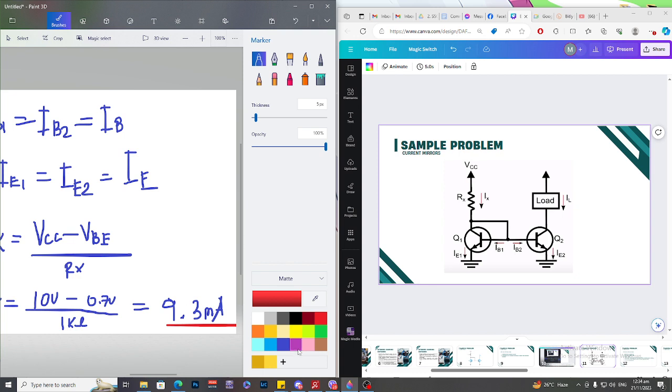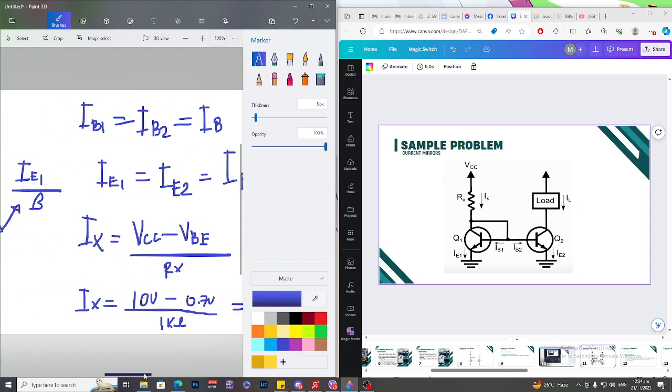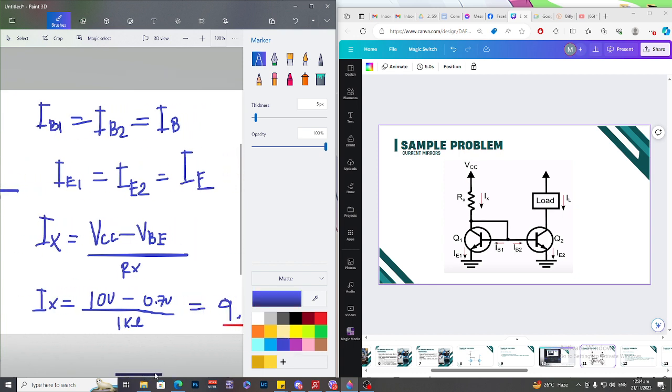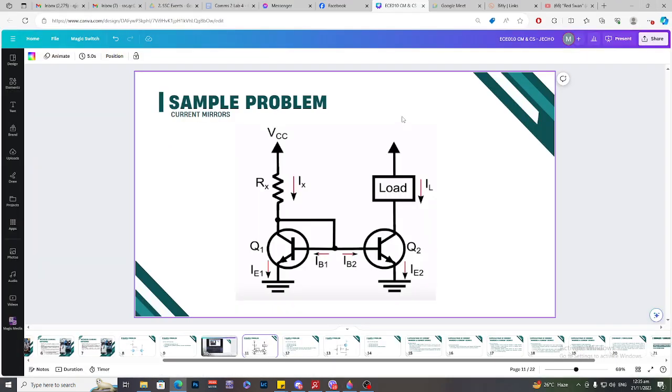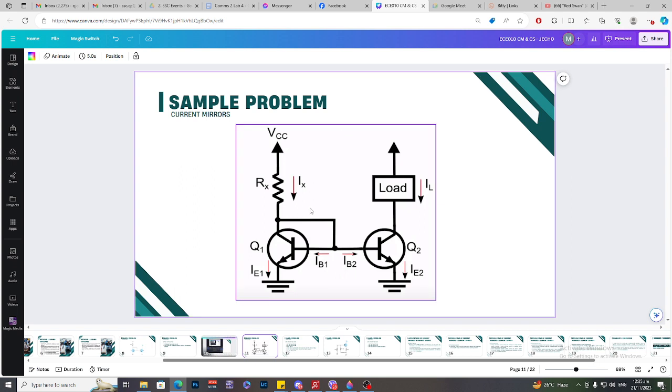Then what we're going to do next is get the value of the mirrored current of Ix. Before we calculate the final answer, what do we notice here? Ix is mirrored to IL. So that is the mirrored current, right?